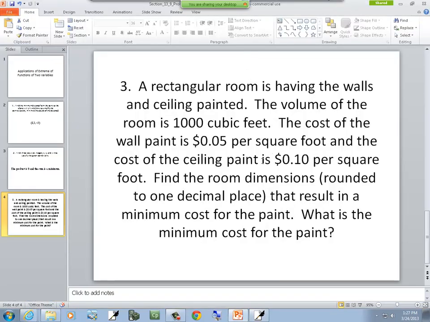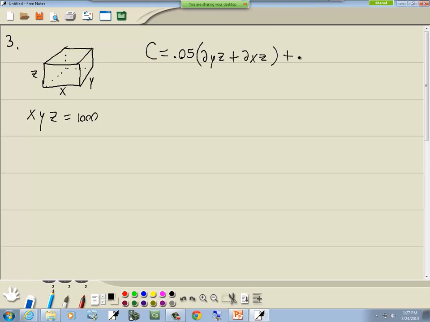Now our ceiling. The cost of ceiling paint is 10 cents per square foot. So that's going to be plus 10 cents times our ceiling. Our ceiling here, this distance is y, this distance is x, this would be xy. Well, I can take this 2 and factor it out and put it out in front.